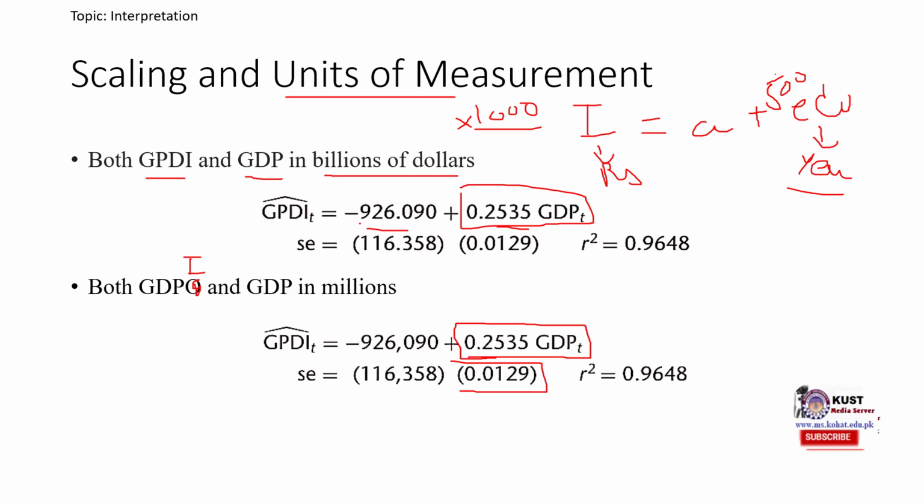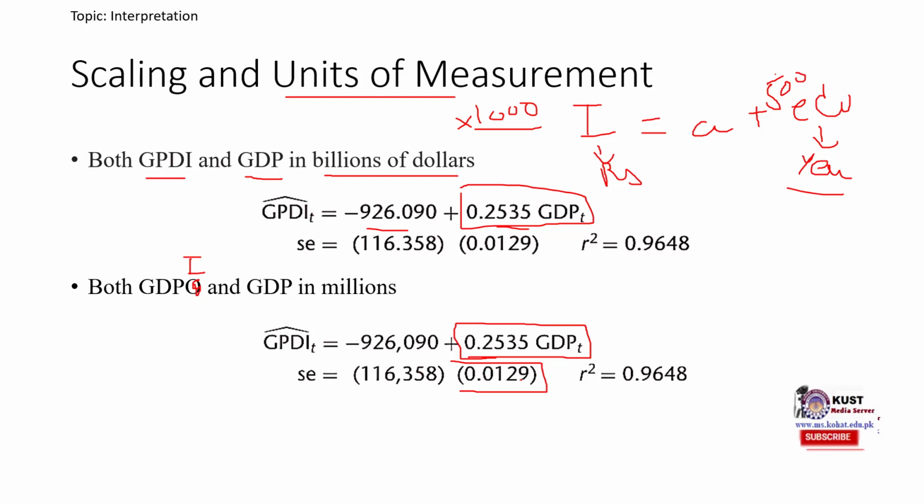In this case, when we changed both variables, the constant term, the alpha term, had changed. Because we multiplied both by 1000, the constant term and standard error had also been multiplied by the factor 1000.